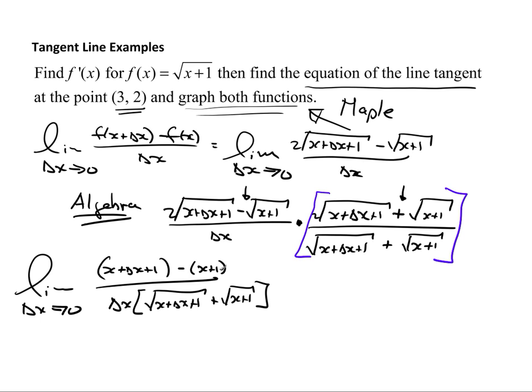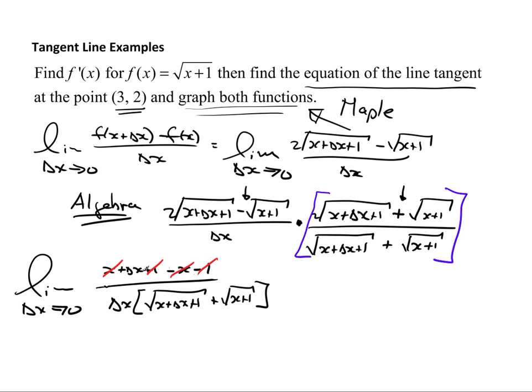Now see, when I drop the parentheses, which obviously I can easily do here because the leading coefficient outside that parenthesis was a positive 1, I have a negative x and a negative 1. So I'm just going to erase that very quickly here and make that a negative x minus 1. And then as you see, the 1's will cancel and the x will cancel. And all I'm left with in the numerator is delta x.